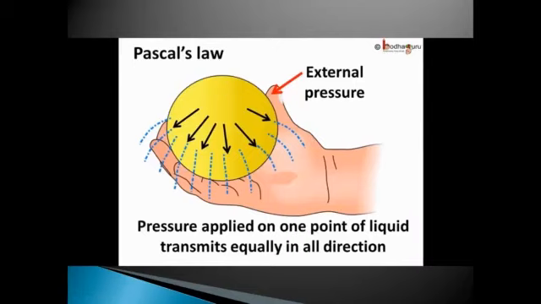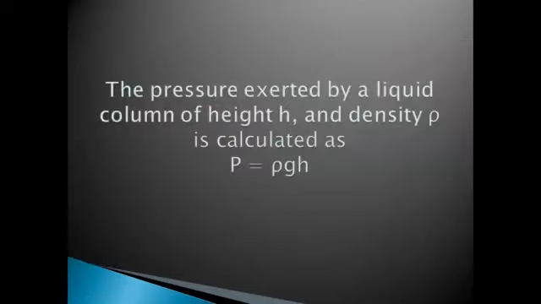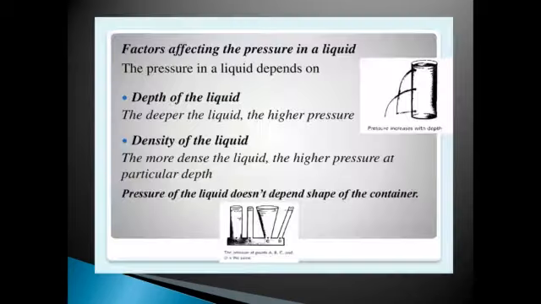The pressure exerted by a liquid column of height h and liquid of density rho is calculated as pressure is equal to rho into g into h. Rho is the density of the particular liquid, g is acceleration due to gravity, and h is the height of the column.